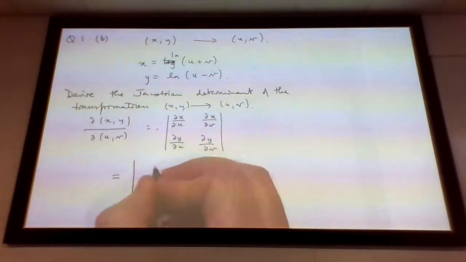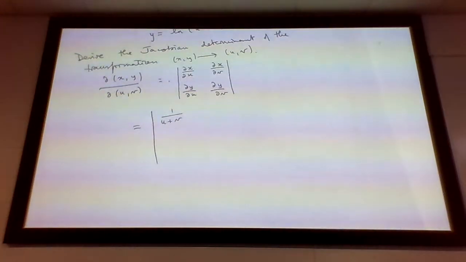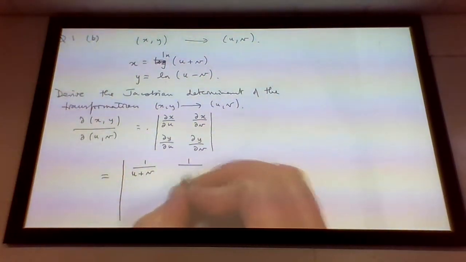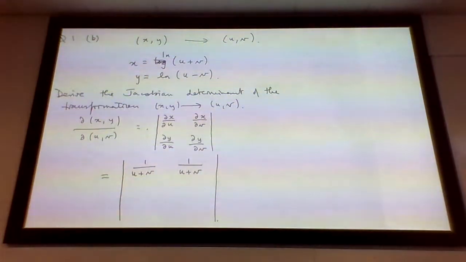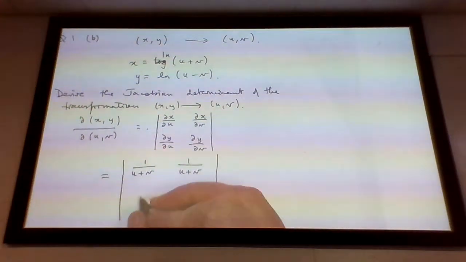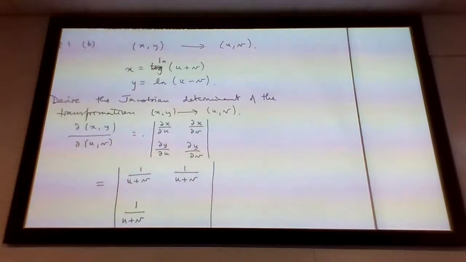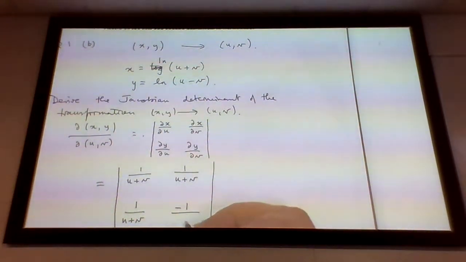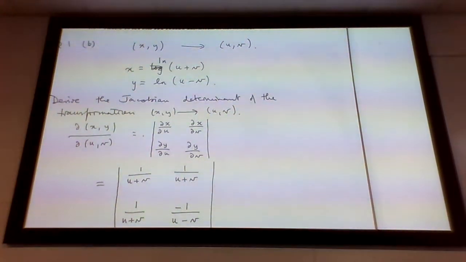With ∂x/∂u, we don't have anything else to multiply, so that derivative is simply 1 over u plus v. ∂x/∂v, again, will simply be 1 over u plus v. ∂y/∂u will be 1 over u minus v, and ∂y/∂v will finally have something slightly different, minus 1 over u minus v.